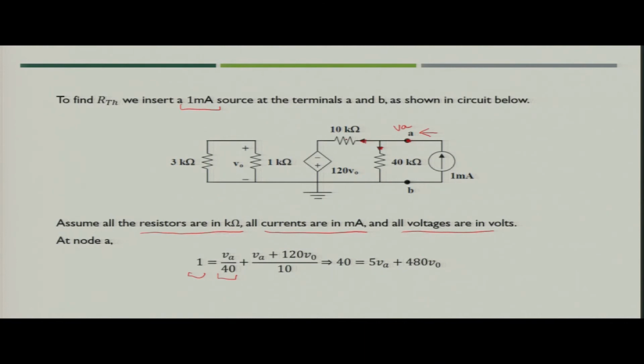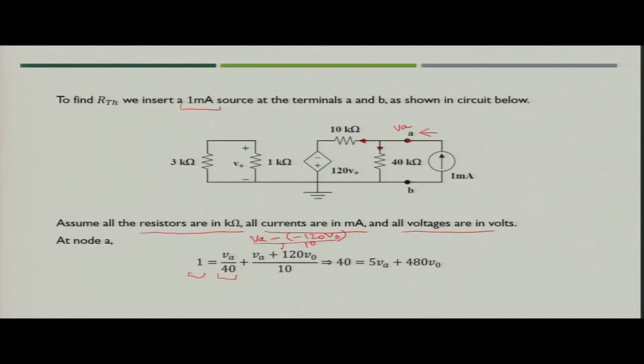Then for this current, the voltage is V A minus minus 120 V naught, because the direction of the dependent voltage source is opposite, that is, minus is on the upper side and plus is below. So, you can simply write V A minus of minus 120 V naught divided by 10.